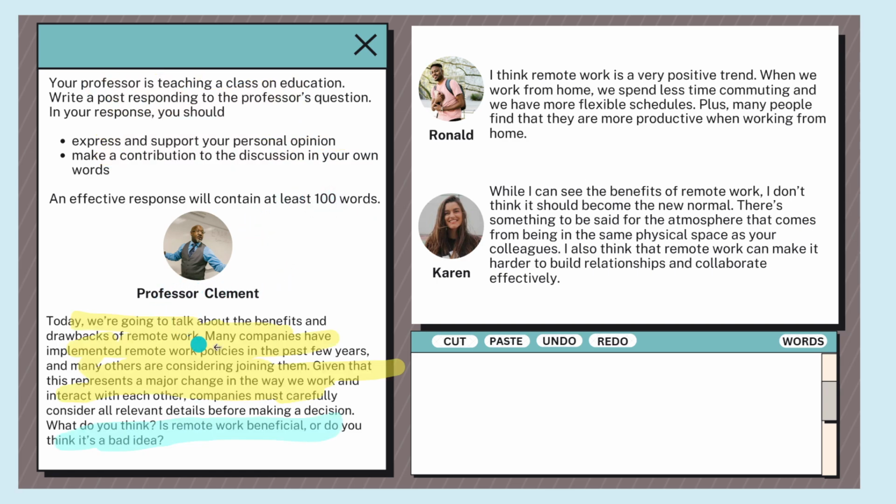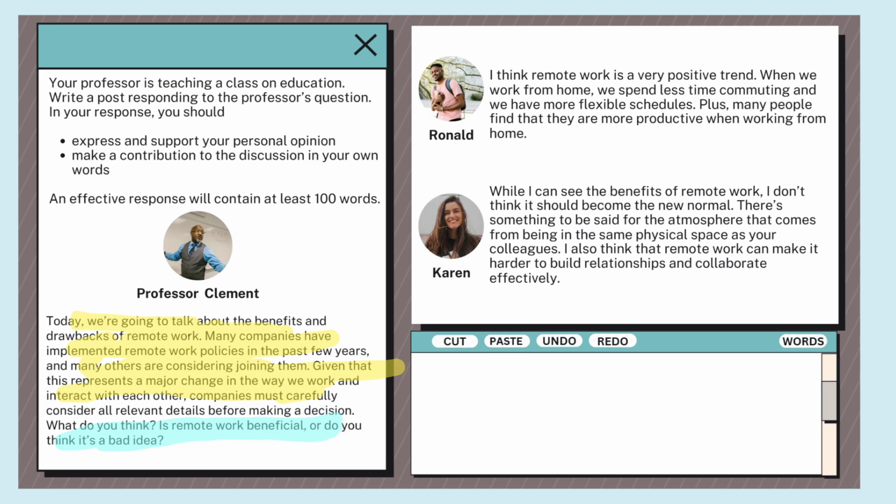After that is the question itself. Now, there's kind of like two parts to this question, and the first one is somewhat less important. It's going to be a long preamble about the subject of the question. So like here he says, today we're going to talk about the benefits and drawbacks of remote work. And then he's going to say, many companies have been using remote work in the past few years and others are considering joining them.